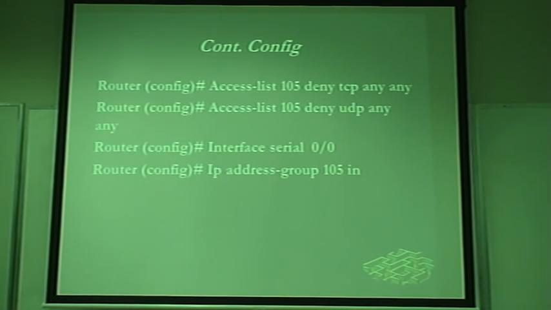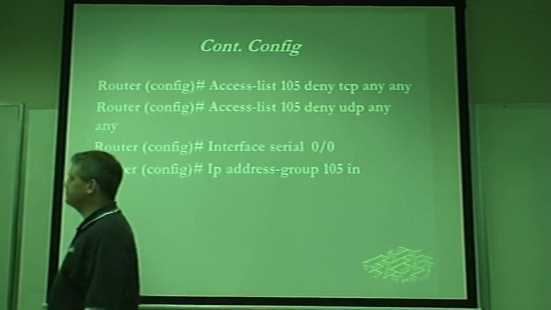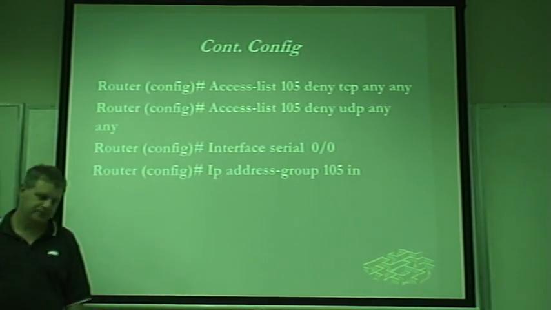This is kind of how you set that up. You want to deny TCP any, deny UDP any, inbound, on your outside interface. So this would be, for example, this interface.